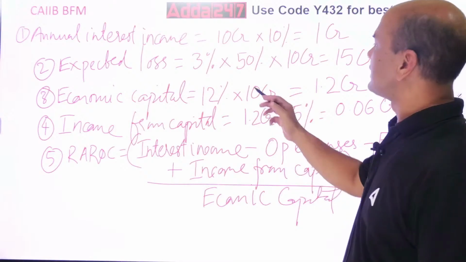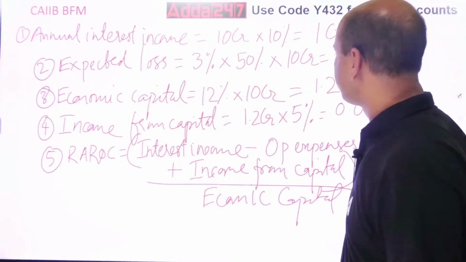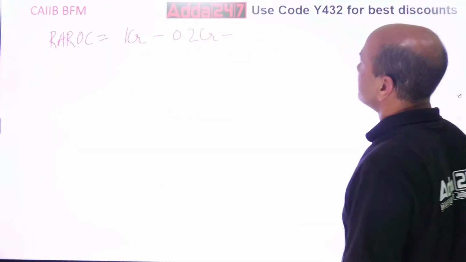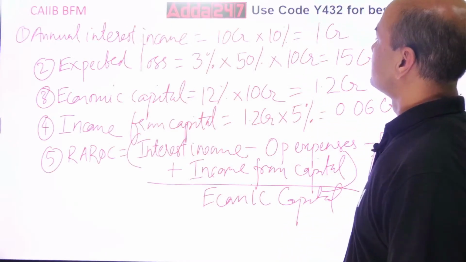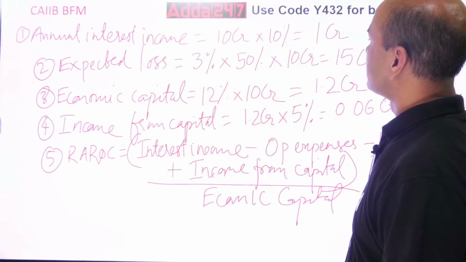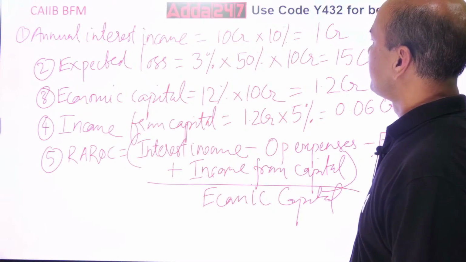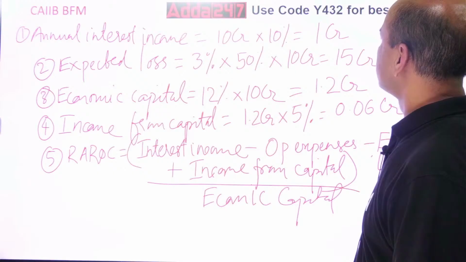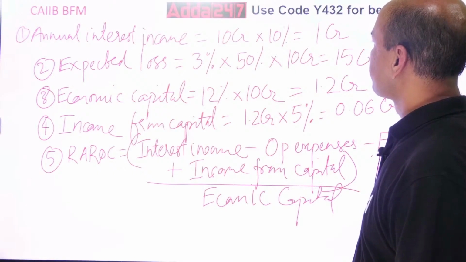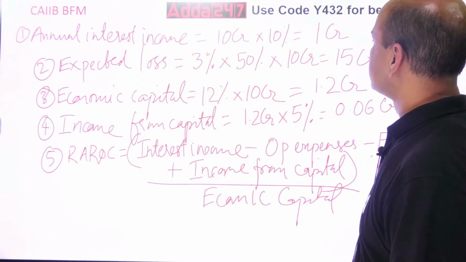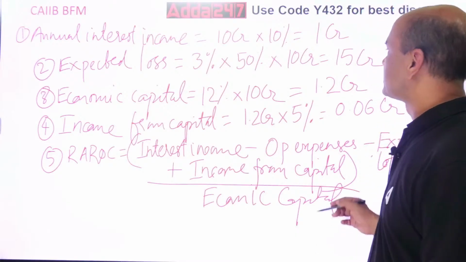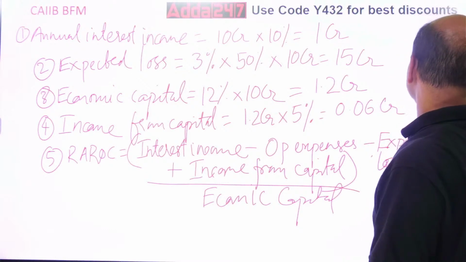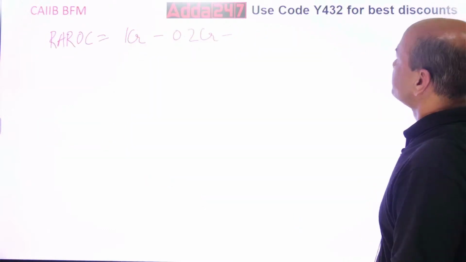Expected loss. What is the expected loss? 15 CR, right? Yeah, 1 CR is the interest income, minus expected losses 15 CR, correct. So this overall project will be in a loss, 15 CR.